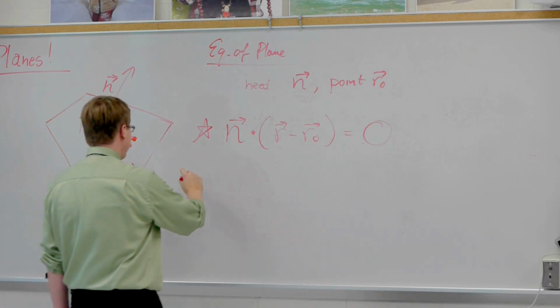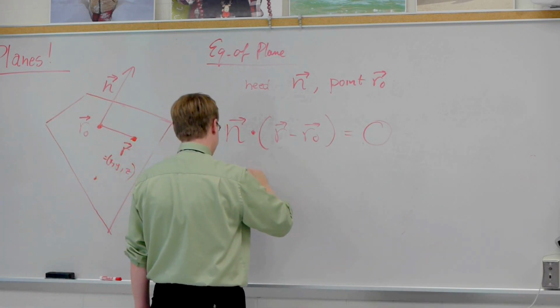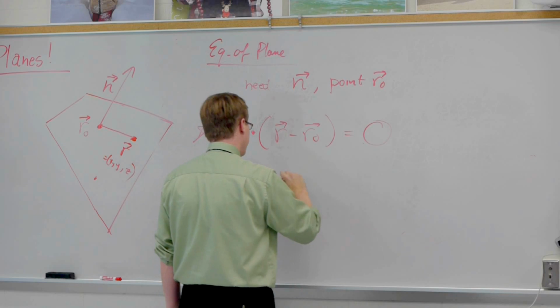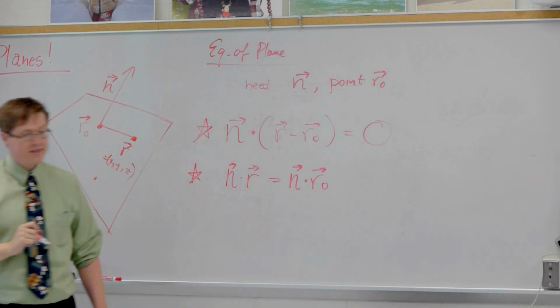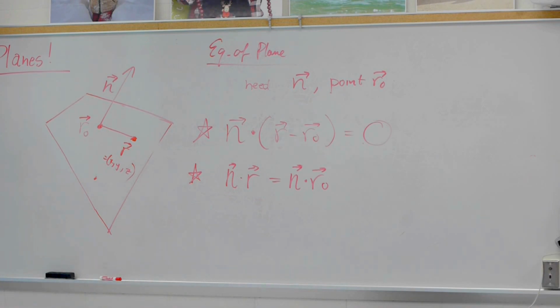I can write this in a slightly different way. I could expand this and say n dot r equals n dot r0. Same thing. And we'll do an example now where I'll just give you the normal vector and a point, and we'll write what the equation is.